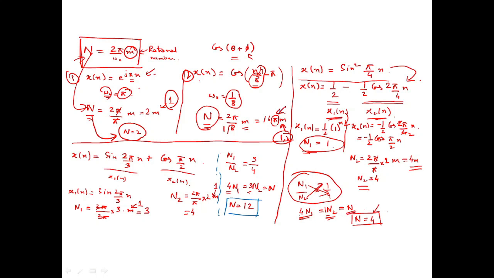Now we have to take the LCM of the coefficients of both N1 and N2, which is equal to 4. Now capital N for the signal x[n] is given by 4. This 4 is a rational number, and since it is a rational number, it is a periodic signal. Similarly, we can do the same thing with this example, where capital N is equal to 4.